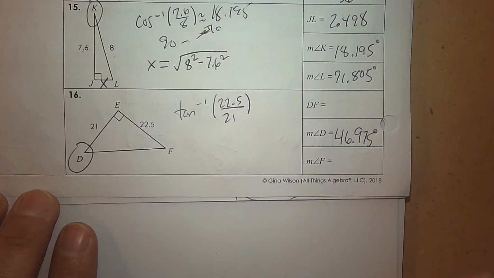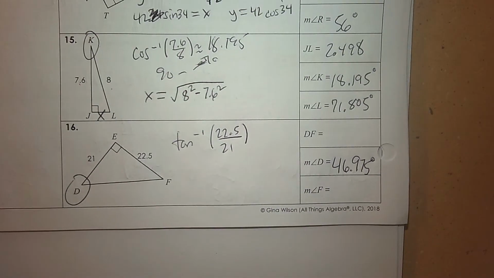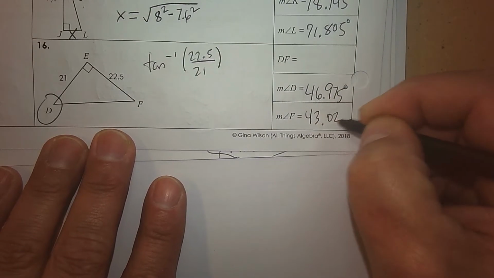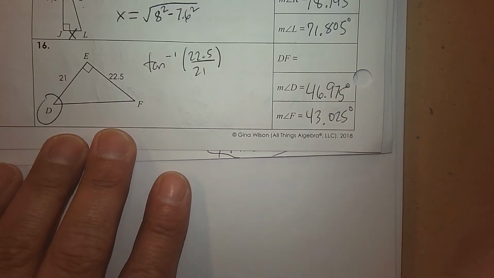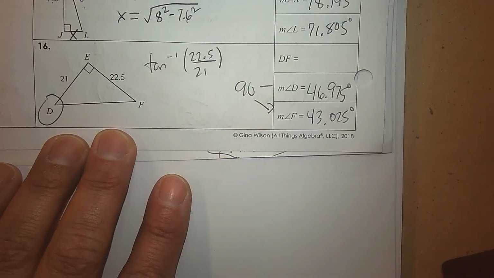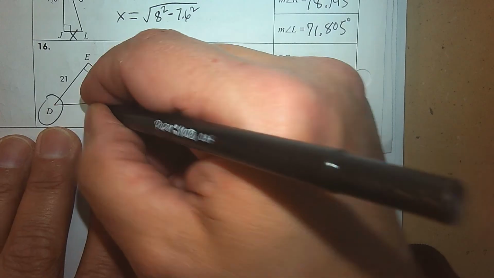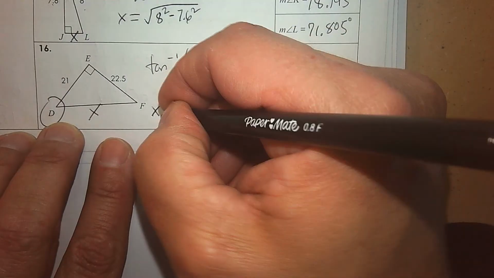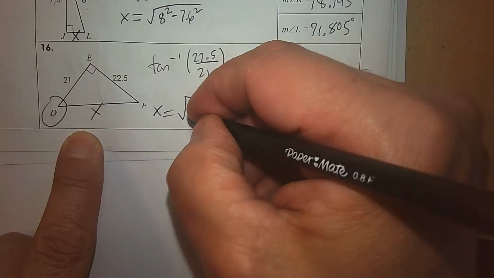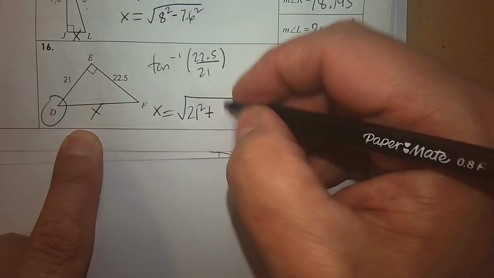Quickly, how do I find F then? Subtract what? Subtract 90. So that means this is 43.025. So I just go 90, subtract that to get this. And then lastly, how do I quickly find that missing side? Again, we can use Pythagorean theorem. To find this would be the square root of 21 squared plus 22.5 squared.